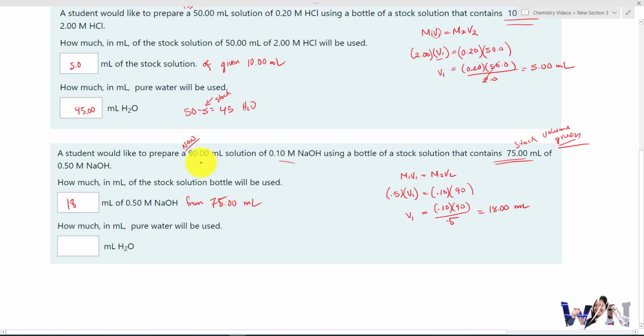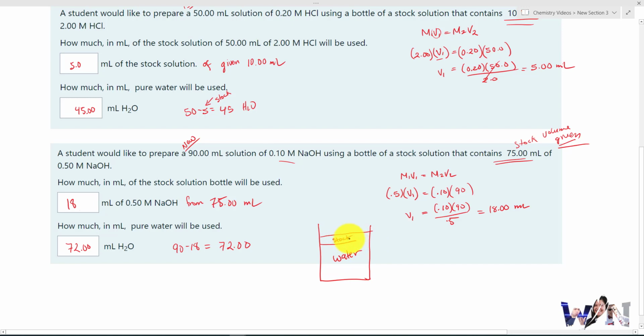If we have 18 milliliters from the stock solution, what's the leftover? Well, 90 minus 18 gives you 72.00. That's how much water we add. And when you make your solution, the first thing you add is water. Water always goes first, and then your stock solution.